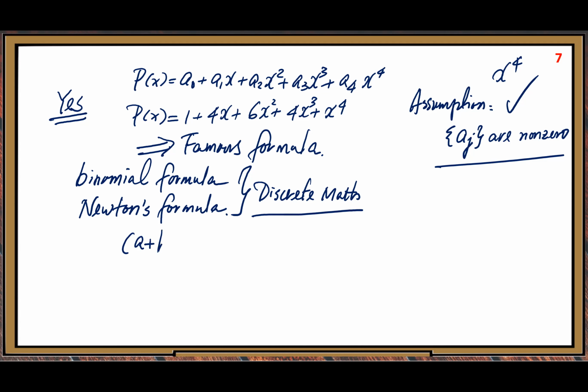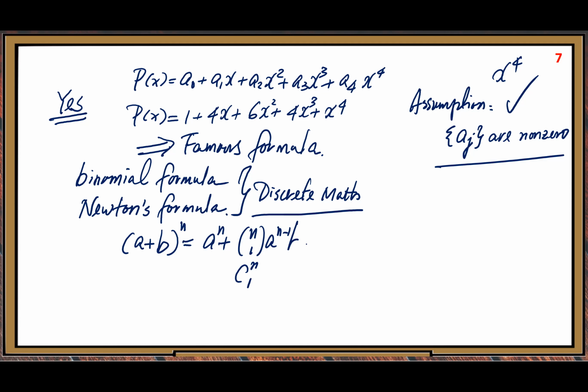A plus B to the nth power equals A to the nth, then the combinatorial number, n choose 1, A to the n minus 1. Some people also write C sup n sub 1.